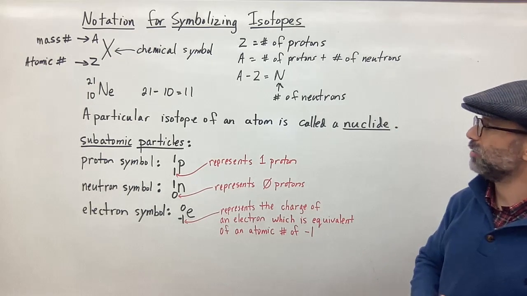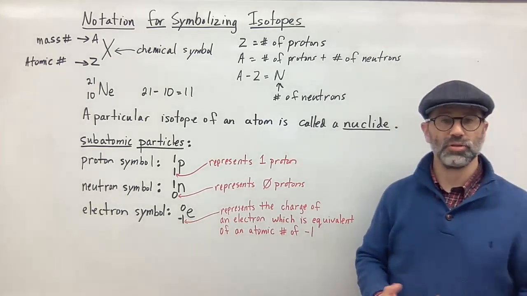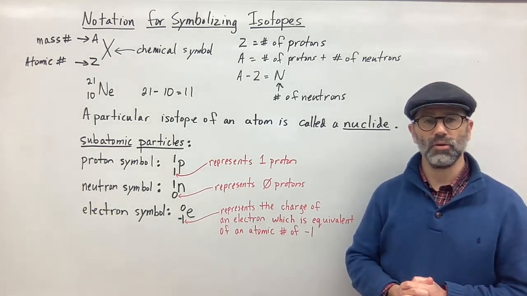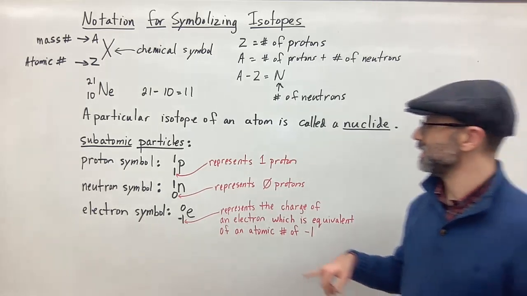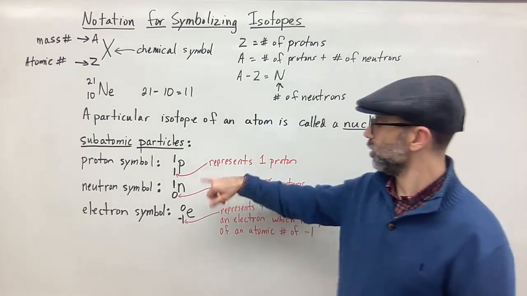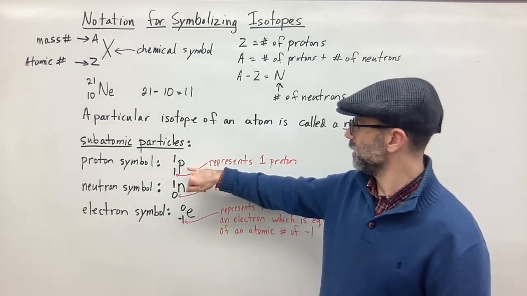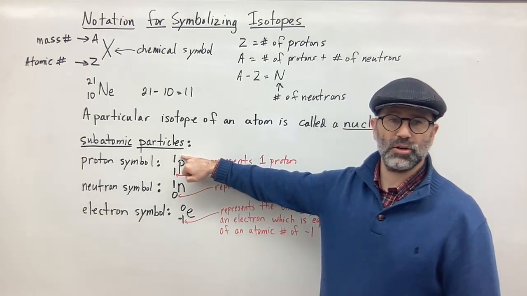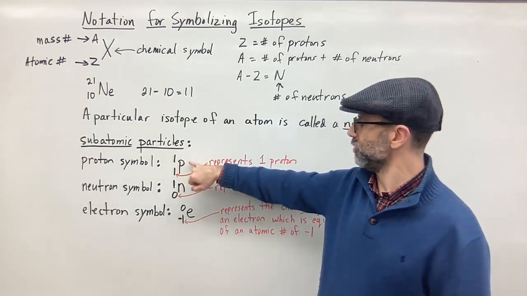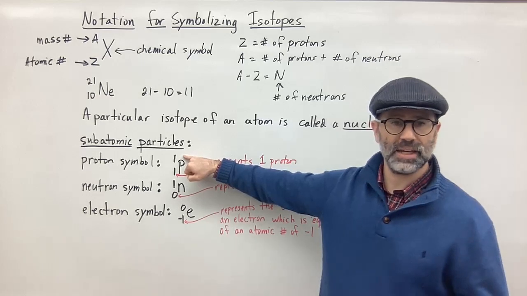And so what about the subatomic particles? The subatomic particles we can also symbolize in a very similar fashion. The symbol for the proton is going to be this small p. And again, the top number could be considered the mass number. The mass of a proton is about one AMU.